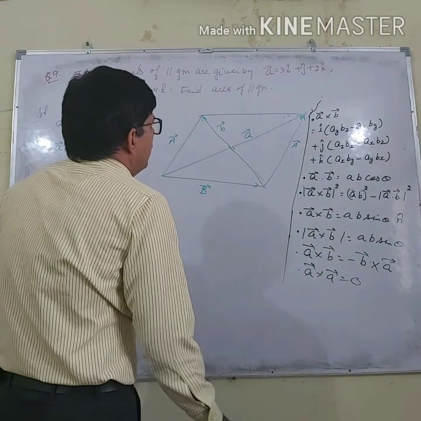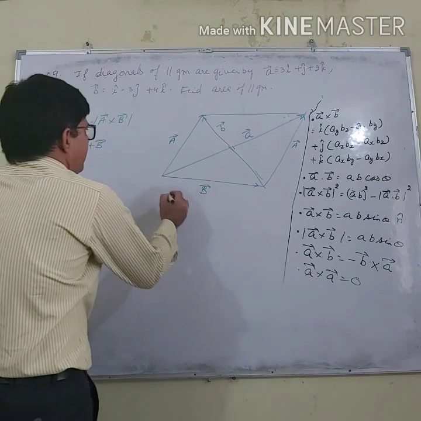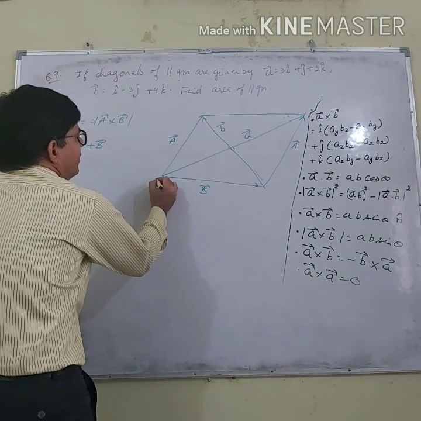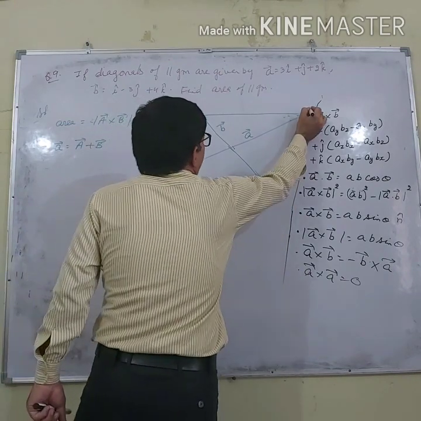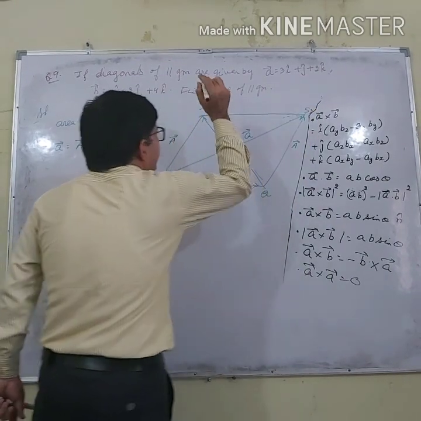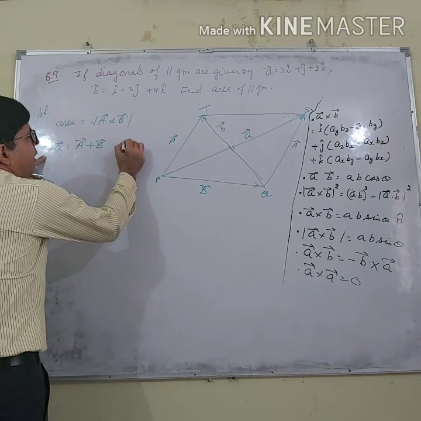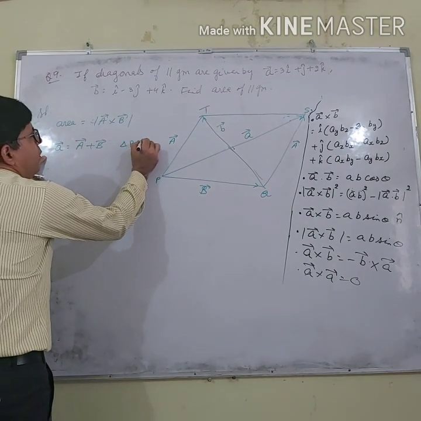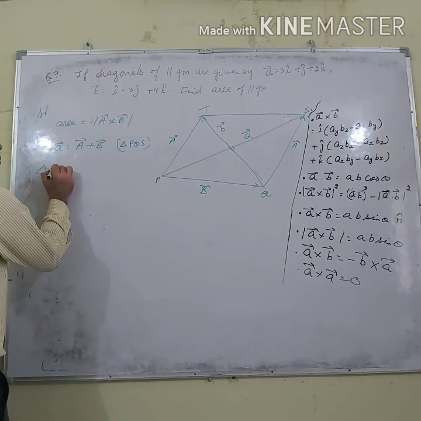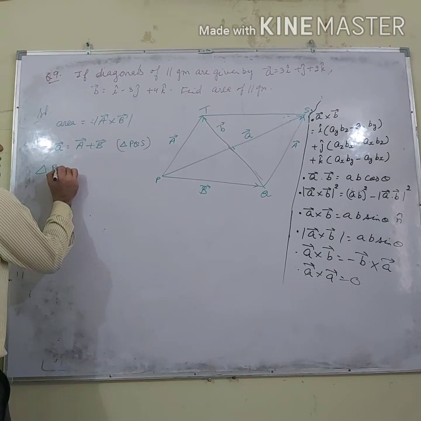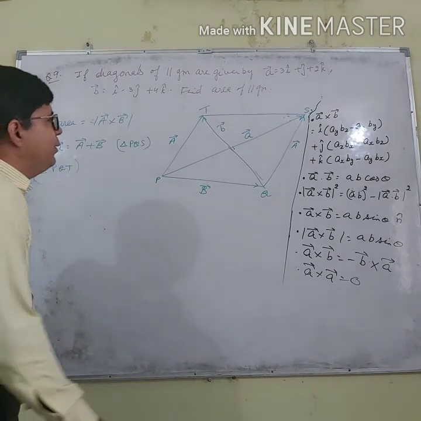Now let's use the triangle. Let me give the name of this triangle P Q S T. What triangle have I used? In triangle PQS. And if I use triangle PQT, look at the triangle PQT.